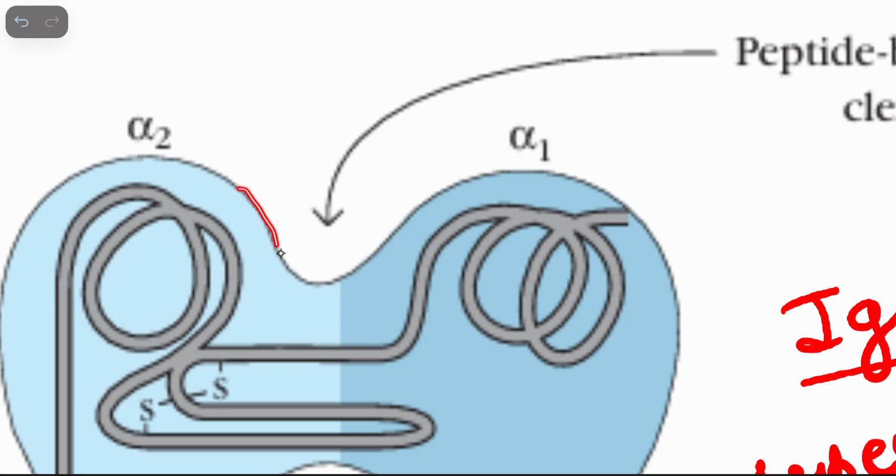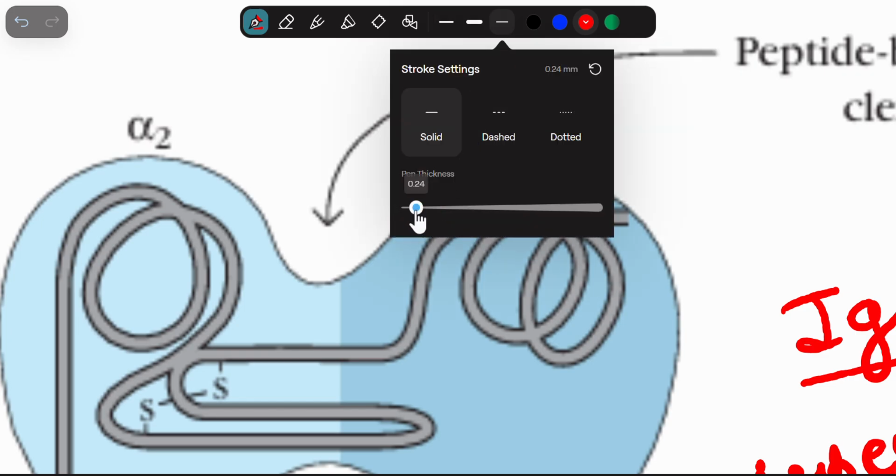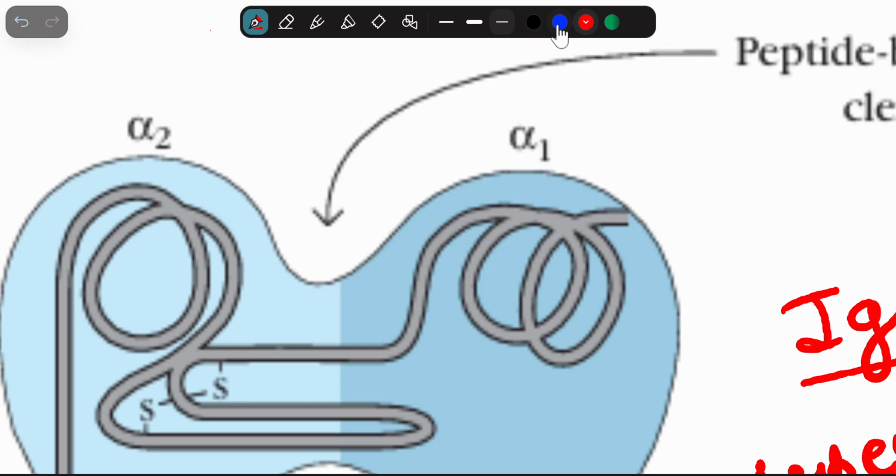The antigenic peptide will come and bind here. To be very precise, the floor of the cleft is made up of 8 antiparallel beta sheets which comprise the floor of this cleft of the MHC1 molecule.